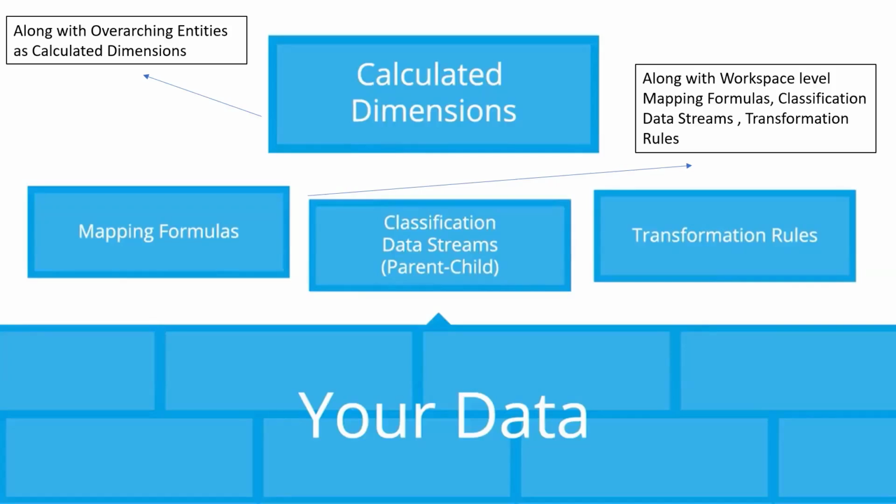So there come the overarching entities, which basically allow us to connect the different types of data streams into a single bucket and help us join different types of data. So that is called an overarching entity. Calculated dimensions are also a type of overarching entity, which lies above the data stream level, like calculations, formulas or rules.